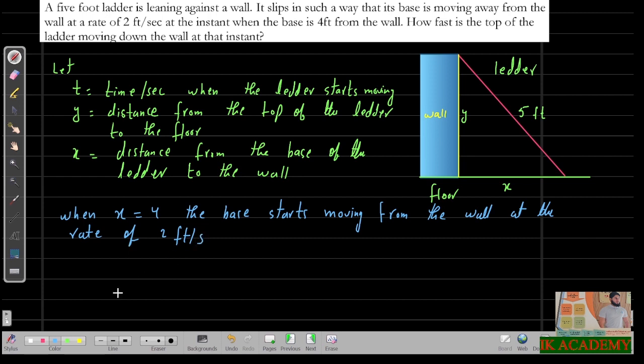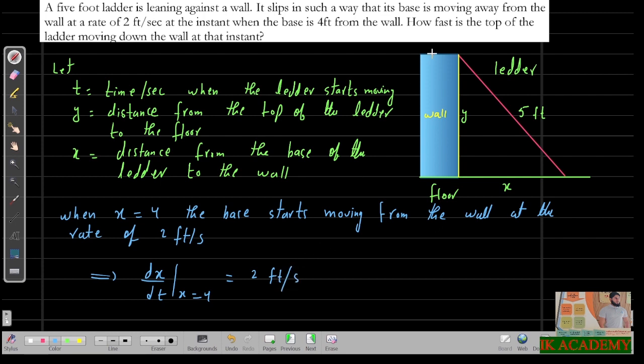So the base starts moving when x is equal to 4. We can write the rate of change of the base of the ladder with respect to time, dx by dt, when x is equal to 4, as 2 feet per second.